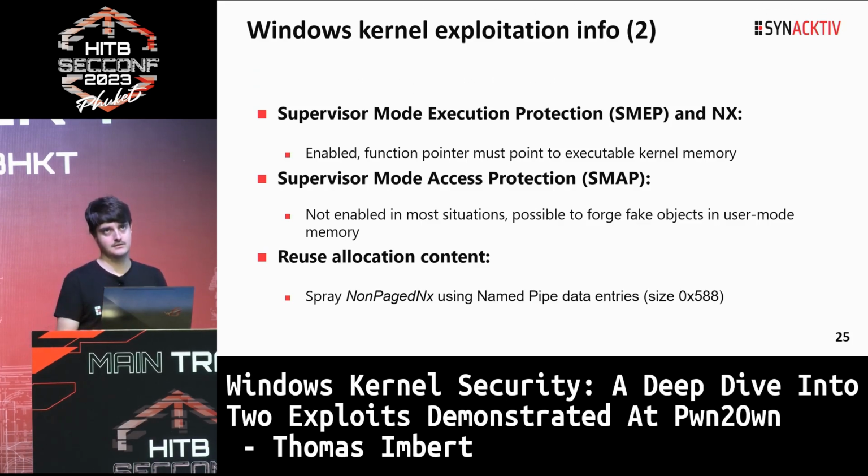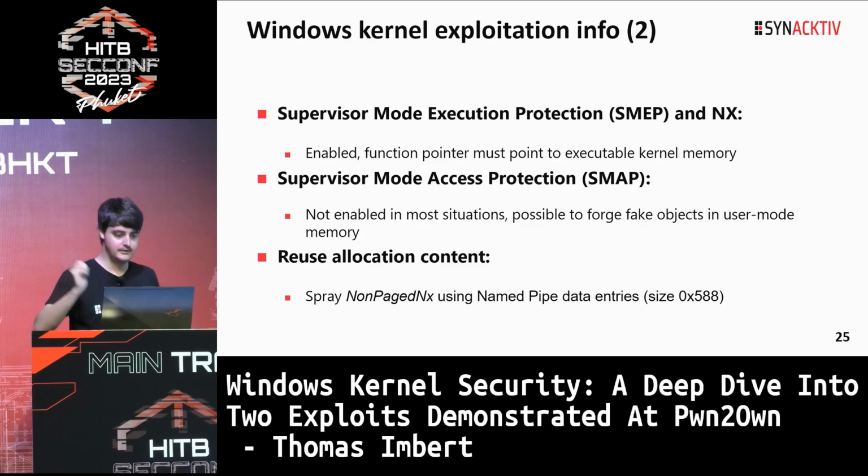There is some interrupt that sets it, but it's not enabled. That means we can have something executing in kernel reading and writing to user mode memory. So we can fake objects in user mode memory, and it will work. It won't crash. And for the reuse, we need to spray something to reuse the use after free allocation.